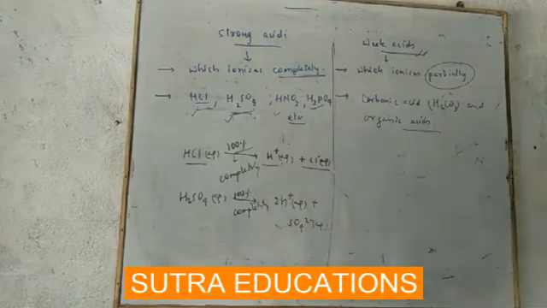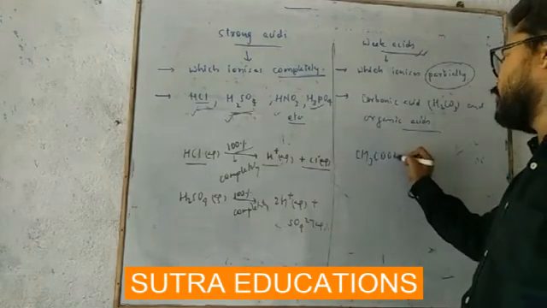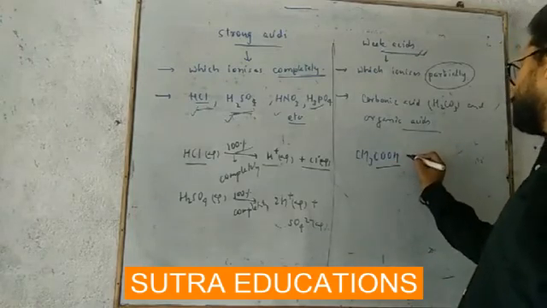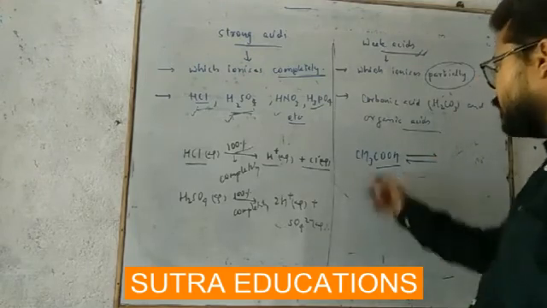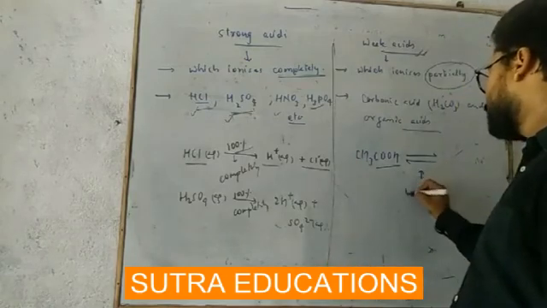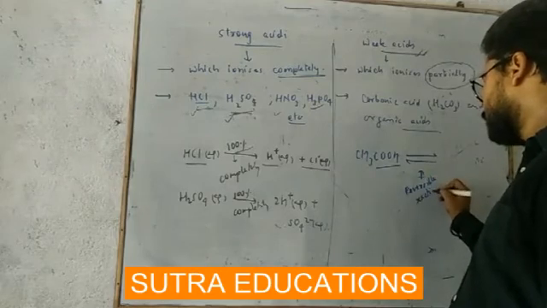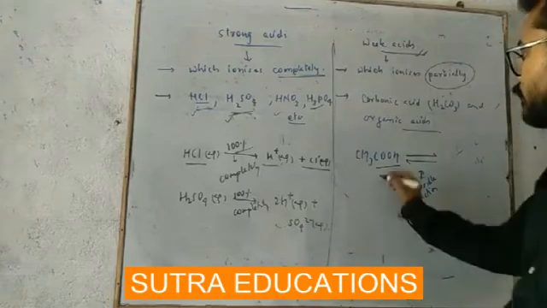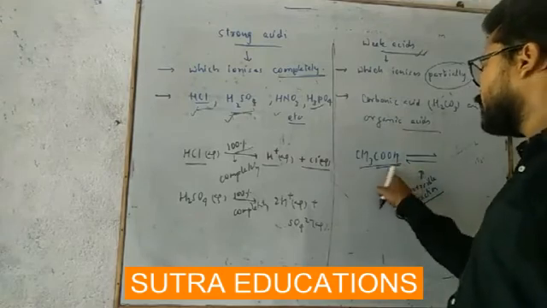Now weak acids, say acetic acid, CH3COOH, or ethanoic acid. It does not ionize completely. You have to remember, if it is not ionizing completely, then it will be a reversible reaction, so we use a double-headed arrow. Why is it reversible? Because it is ionizing partially.